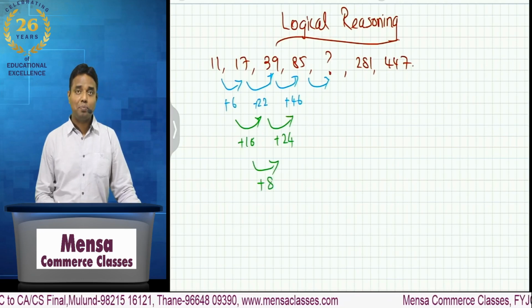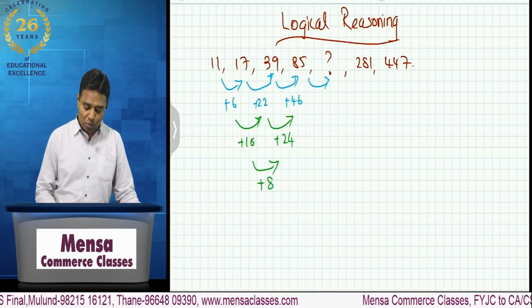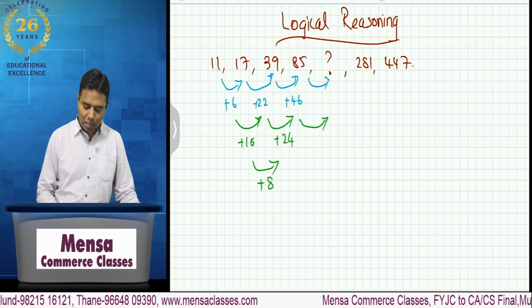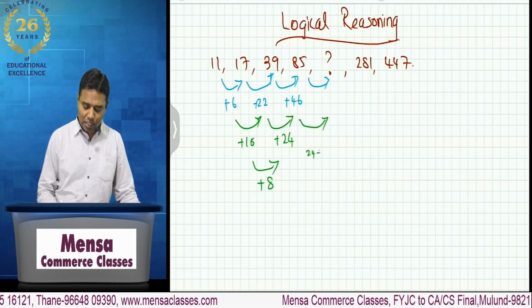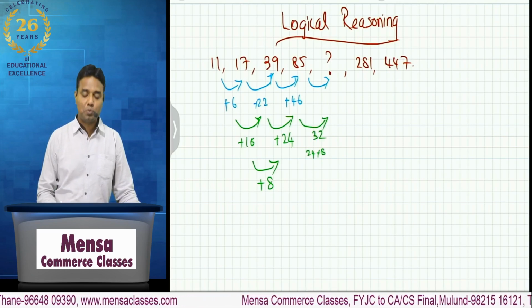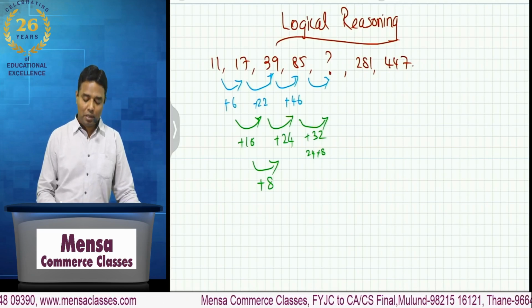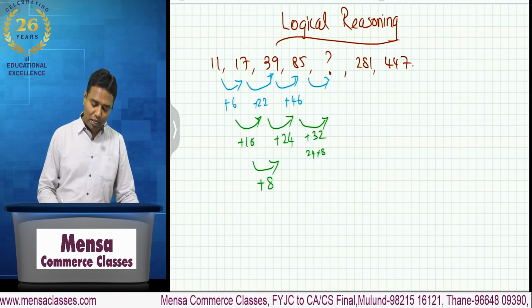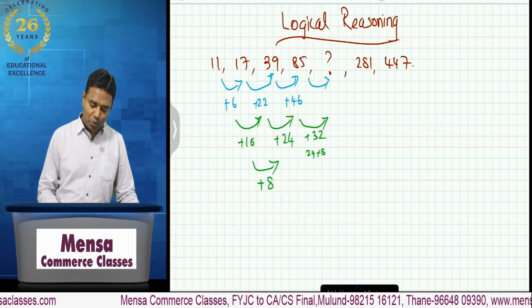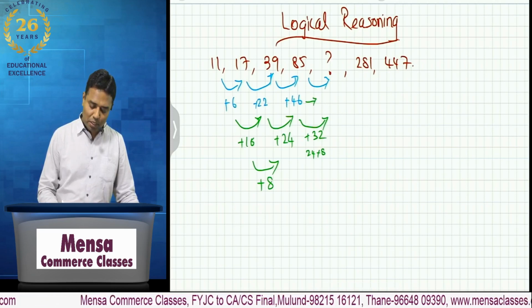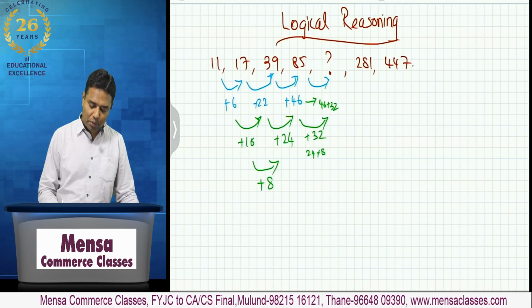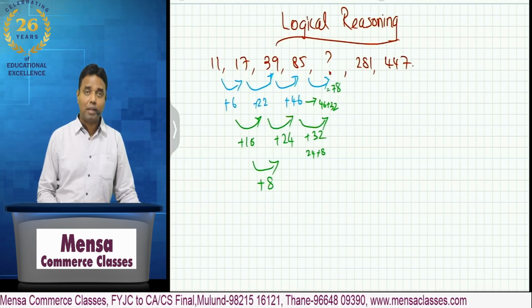Plus 8. So let's work backwards. Plus 8 means 24 plus 8, that should be 32. So the increment must be 32. If you add 32 here, it will be 46 plus 32, that comes to 78.